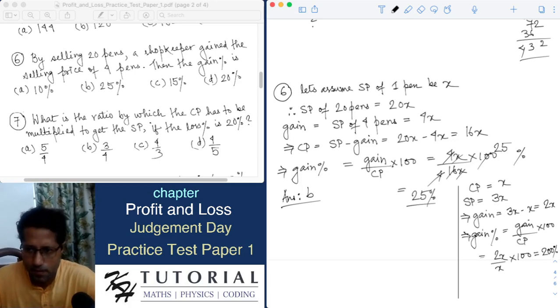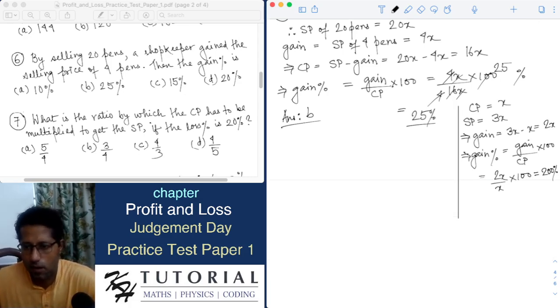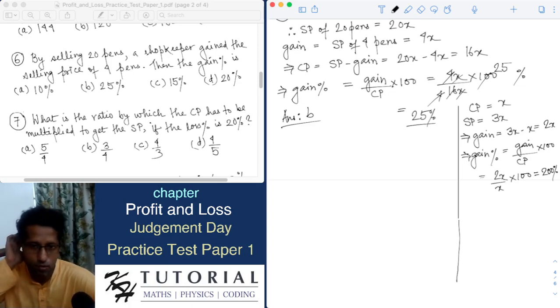Now, my question is, what will be the gain percent if we consider 10 units of the item? If 10 units of the commodity were sold, and the cost price of 1 unit is x, then this is all about 1 unit of the commodity. Now my question is whether the gain percent will be the same for 10 units or 20 units of commodity.